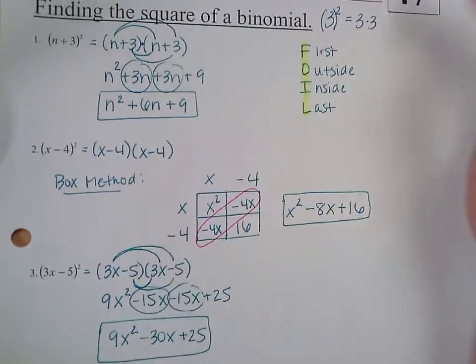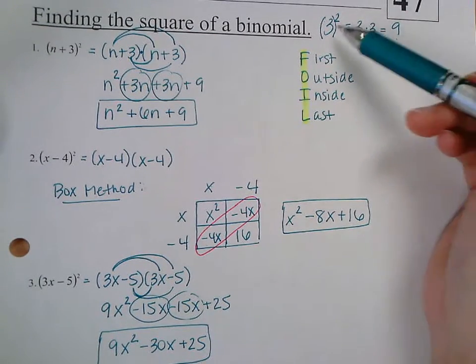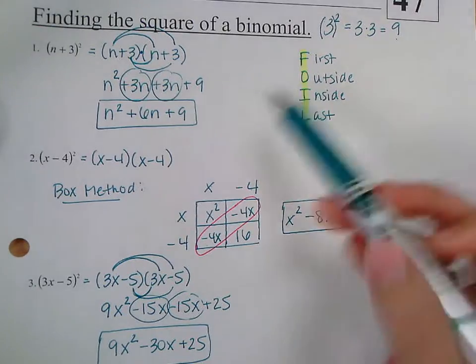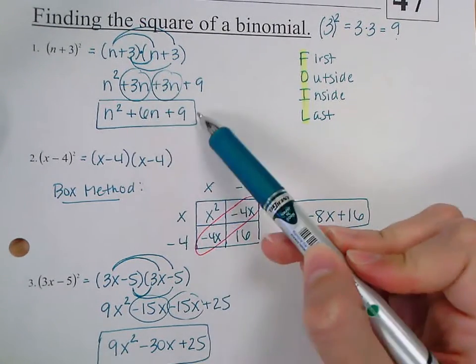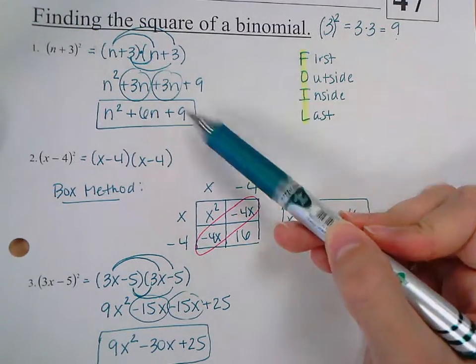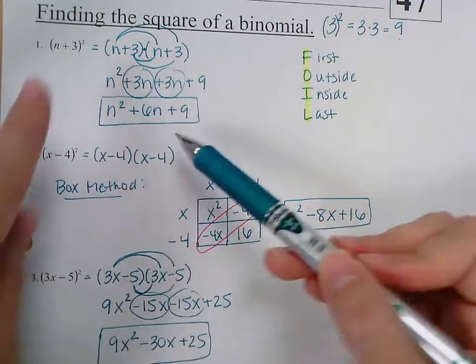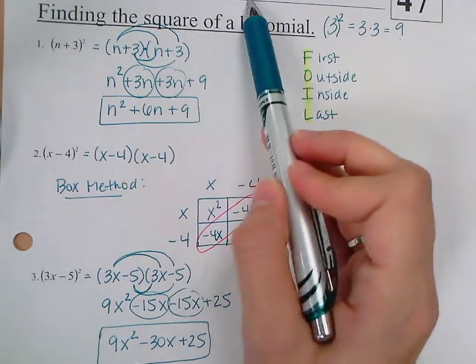So it's kind of like the same reason 9 is a perfect square because 3 squared is 9. So that's saying n squared plus 6n plus 9 is a perfect square trinomial because it is n plus 3 squared. So it's kind of that same relationship, but that's why it's called a special product.